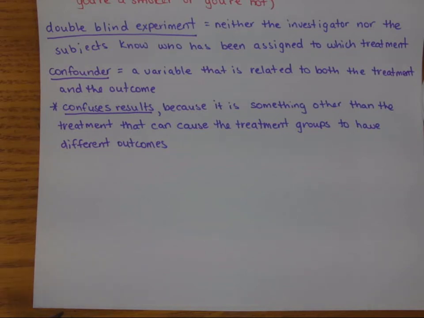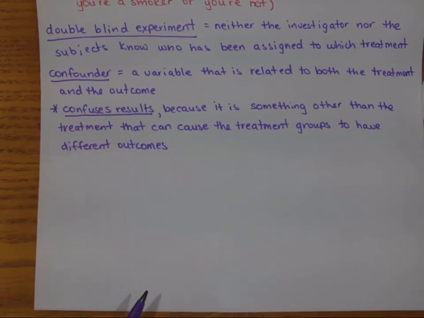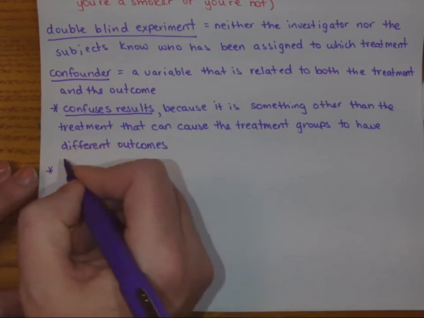Which is the fact that people who are already trying to manage their weight probably are more likely to choose diet soda than someone who's not trying to manage their weight, right? So it confounds or confuses the results because you're making assumptions that maybe you can't make. Okay, there's something else going on there that's changing your results, or that's affecting your results, I should say.